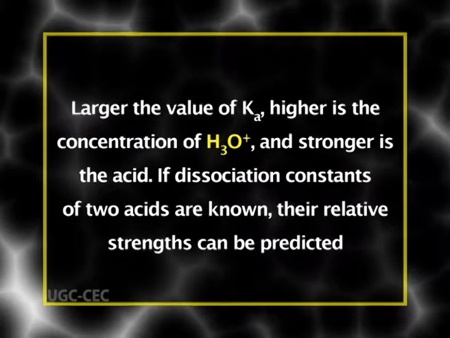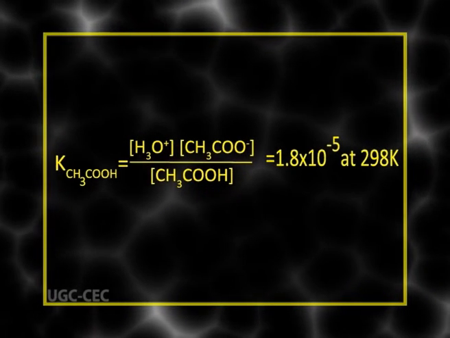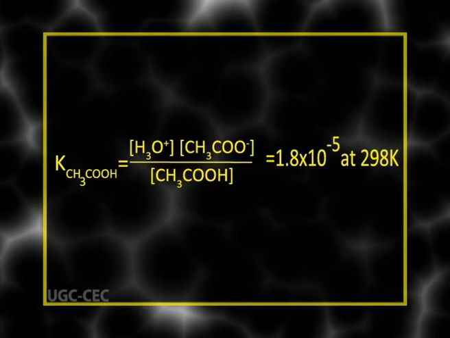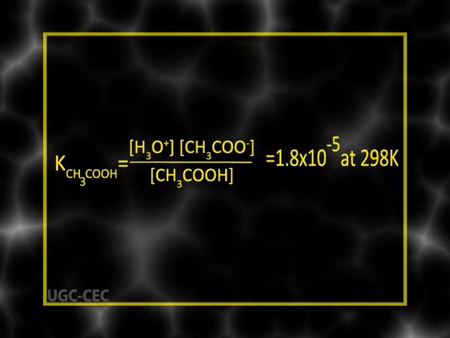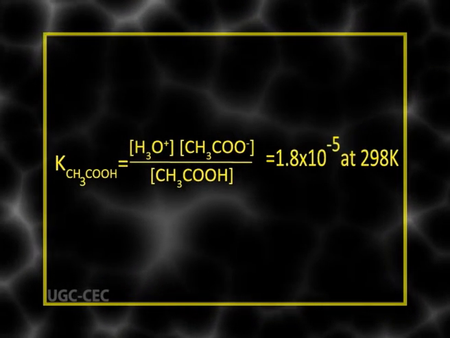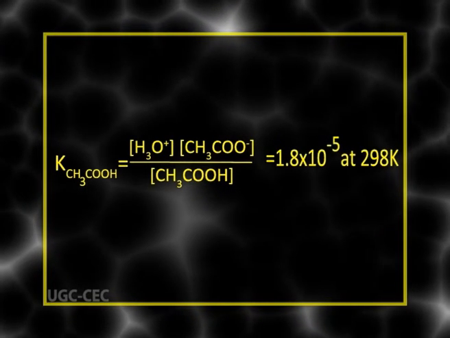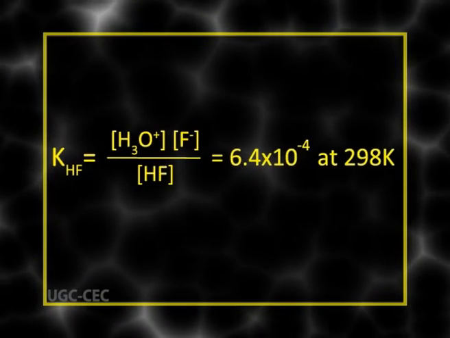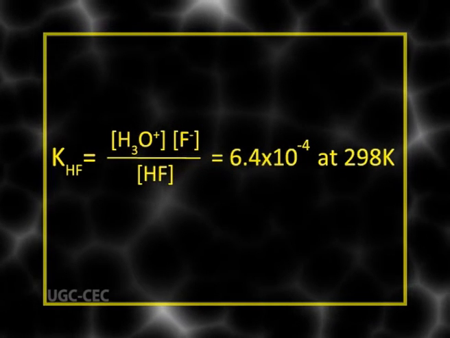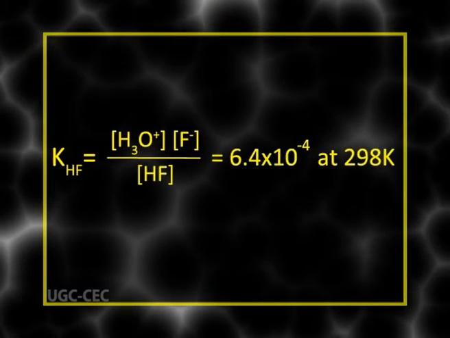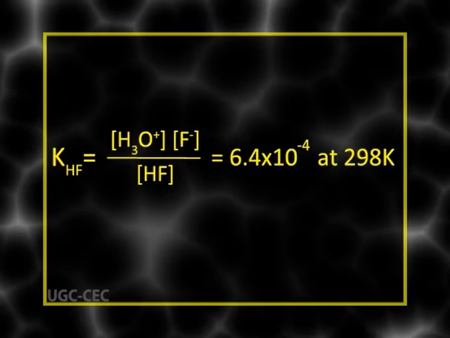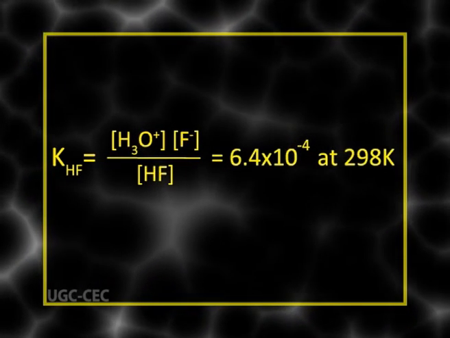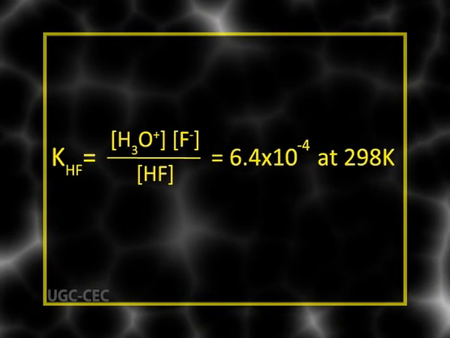For example, the acid dissociation constant of acetic acid is equal to 1.8 into 10 to the power minus 5 at 298 Kelvin, whereas the acid dissociation constant of hydrofluoric acid HF is equal to 6.4 into 10 to the power minus 4 at 298 Kelvin.